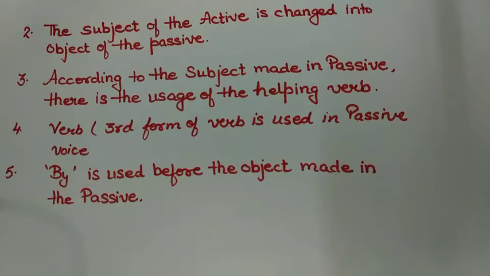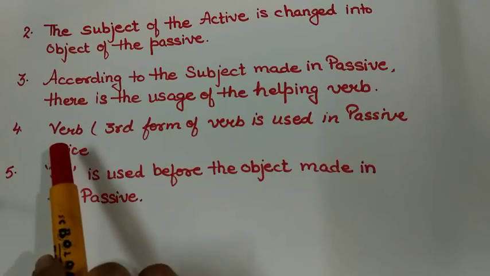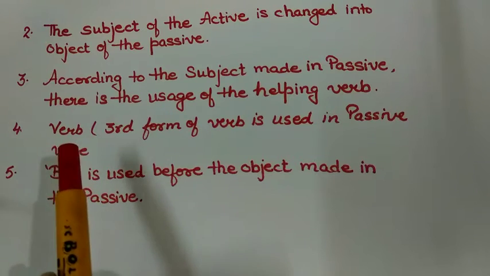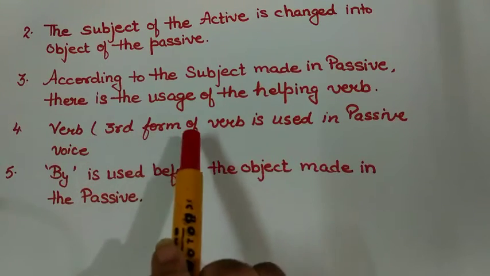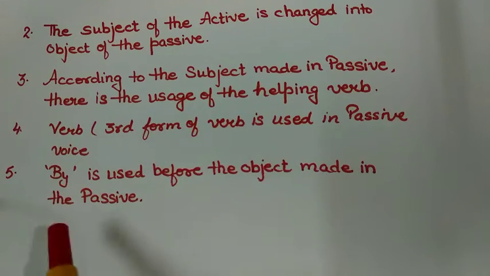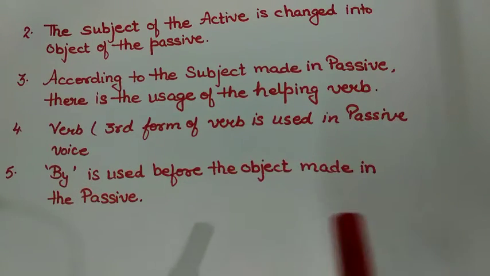In our case, is was playing that role. Then comes a verb. In passive voice, we use the third form of the verb. Then comes by. By is used before the object made in the passive. Try to understand all these with the help of an example.